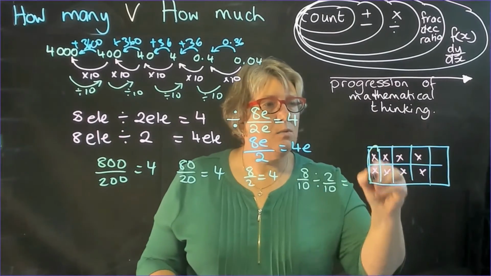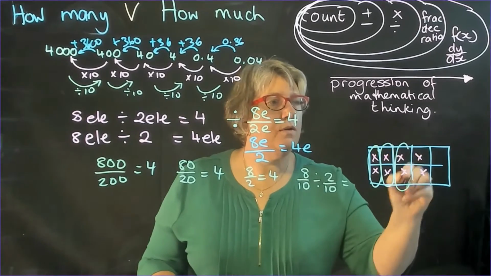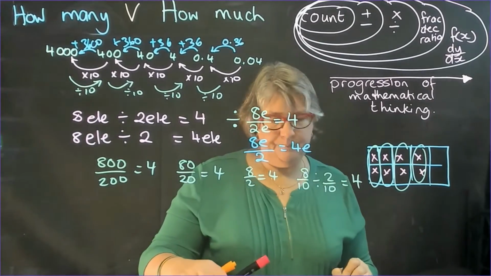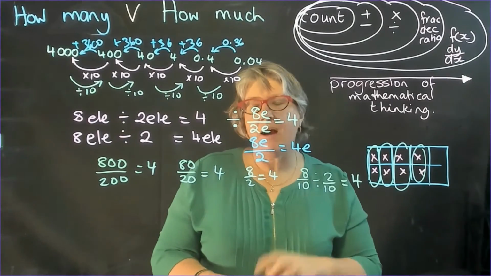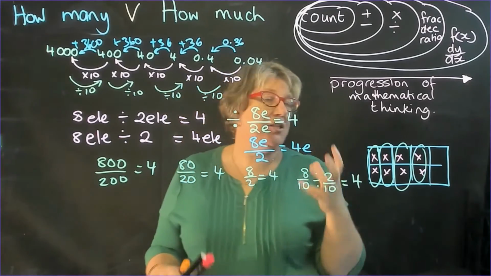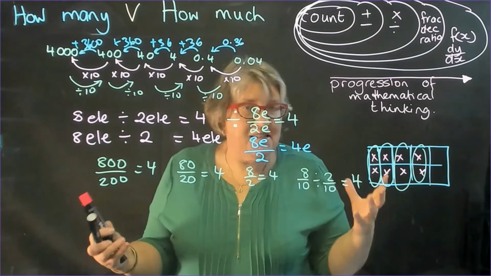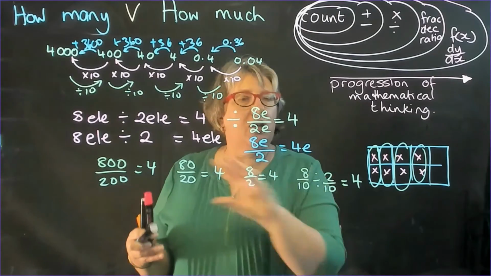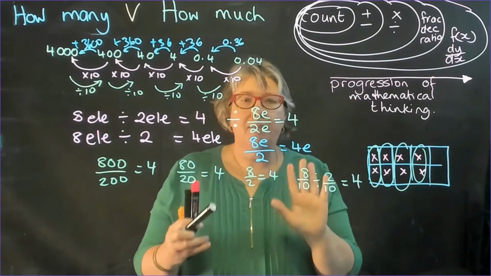Well, here's 1, 2, 3, 4. So the answer to that is 4. So you can see by having the same size units, doing division with fractions and decimals doesn't actually change anything. It's much easier. If you've got the same size unit, you can do the division. It makes it much simpler.